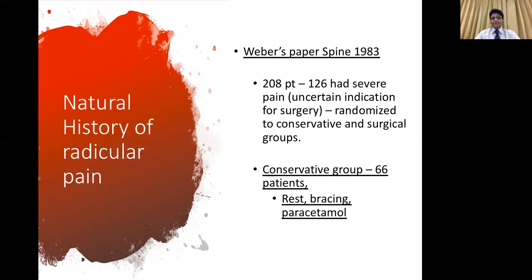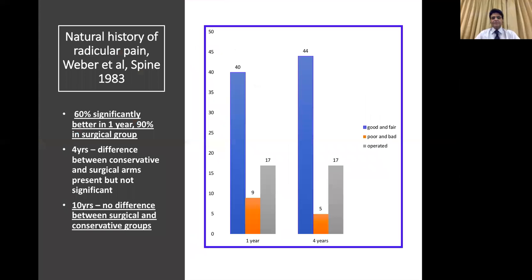The conservative group receives rest, bracing, paracetamol, pain medication, whatever you may try. The natural history says that 60% of patients managed conservatively will feel better in the first year, and 90% with the surgical group, as compared to those who have not undergone surgery. At 4 years, the difference between non-surgical and surgical comes closer.